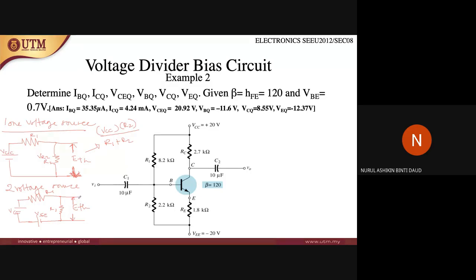Okay, so for this part, yeah, ETH, it will be R2. Current that flows here. The current flows here, right? IR1. So the current that flows through IR1. ETH is equal to this value, right?